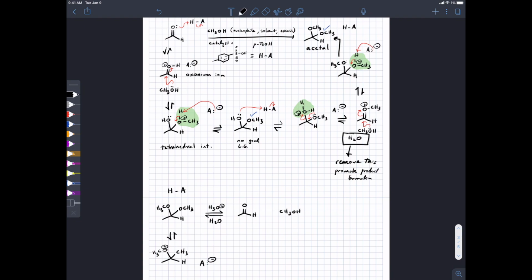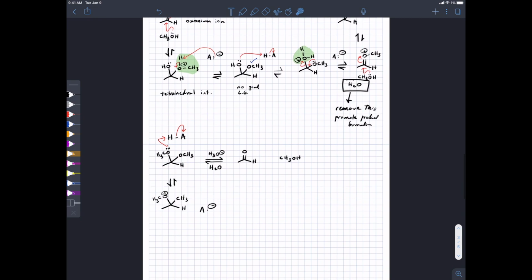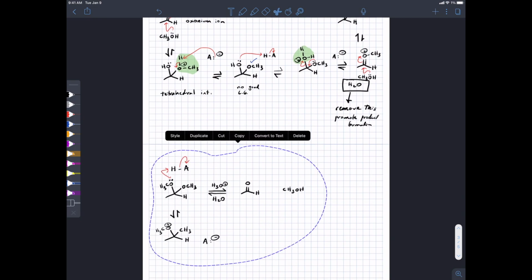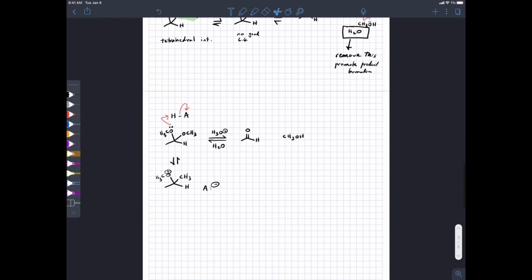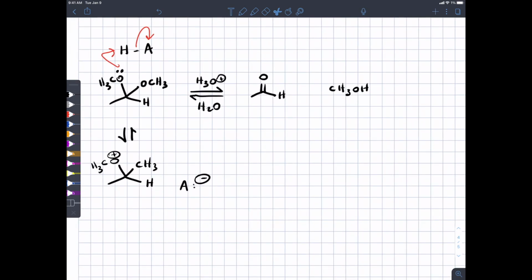Go ahead. The lone pairs on the oxygen would attack the hydrogen on the organic acid there? Yep. Right. Lone pair electrons on the oxygen attack the proton on the acid. We break the bond between that proton and the other stuff on the acid. Notice how those arrows tell me exactly what happened.